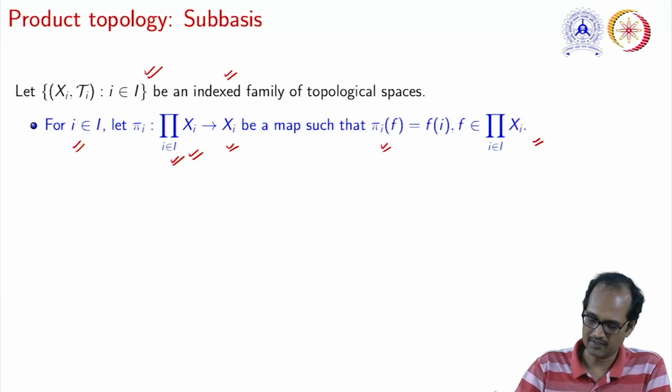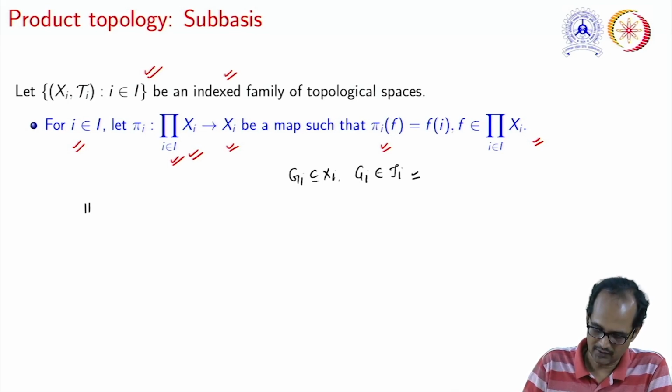One thing will be interesting here: if we take a Gi which is a subset of Xi, taken from the topology on Xi, the question is, what about the inverse of this Gi under this projection map pi_i?